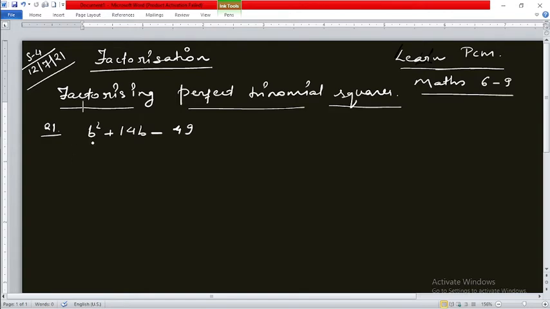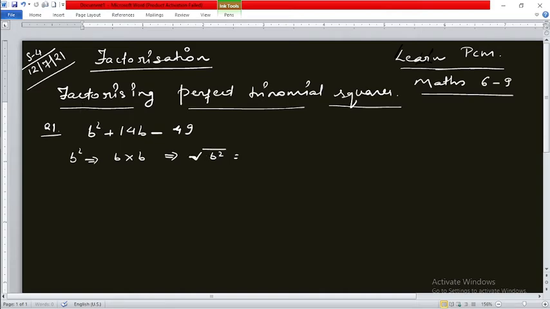So you can see the very first one is b square. b square itself is a perfect square because b into b will give you b square, right? And the square root of b square will be what?